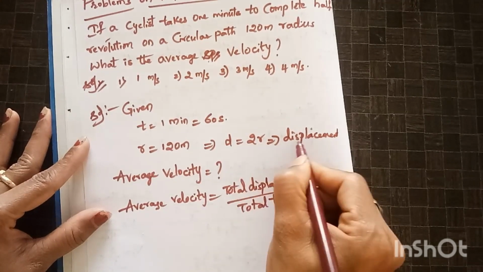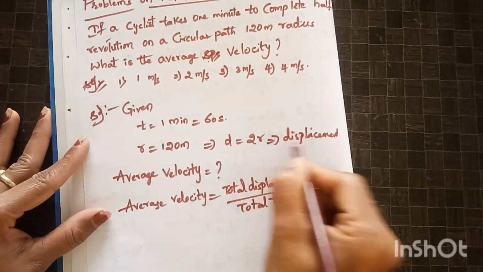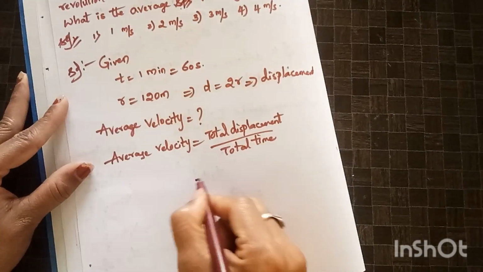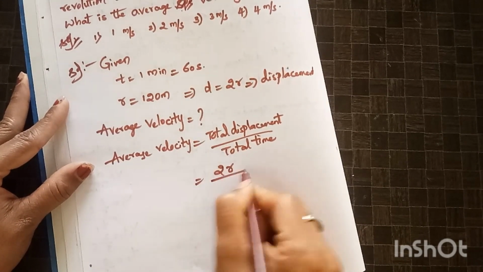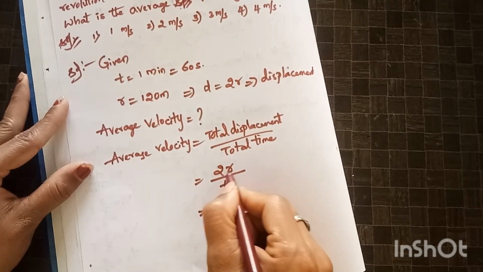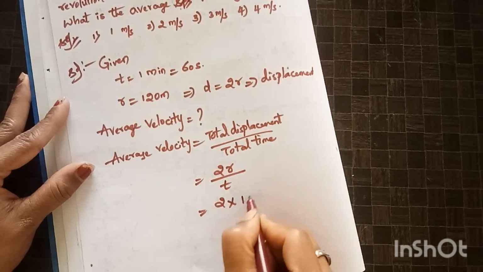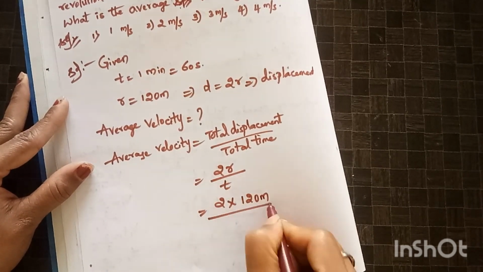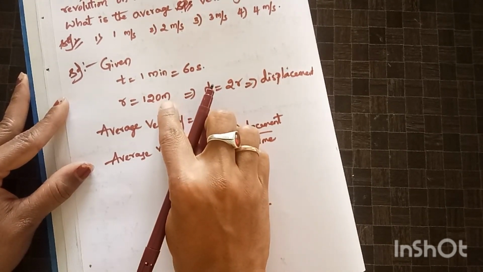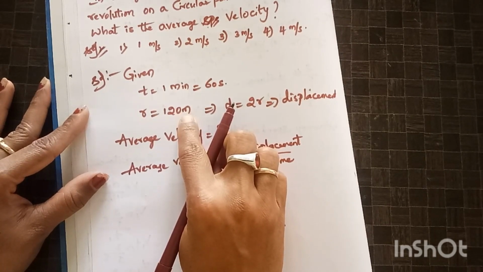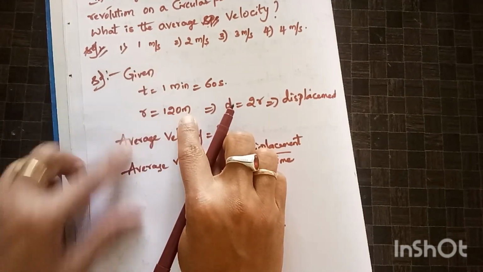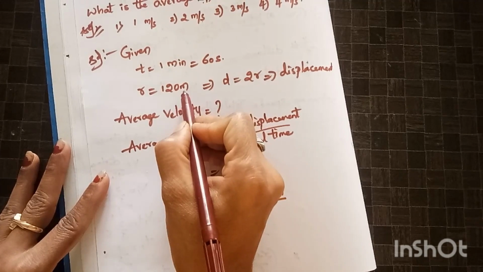Substitute this 2r in place of displacement: total displacement 2r by time t. 2 into r is 120 meters. We should not convert these meters because we have meters in the options, so no need to convert meters.